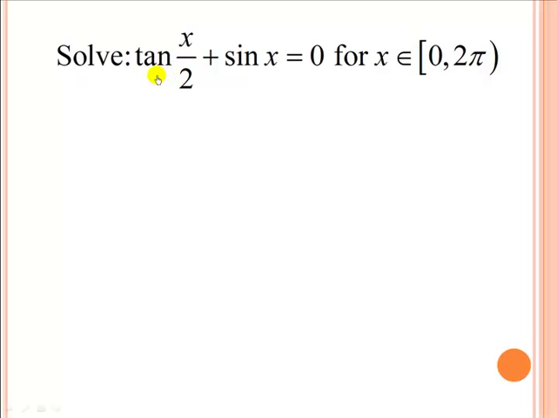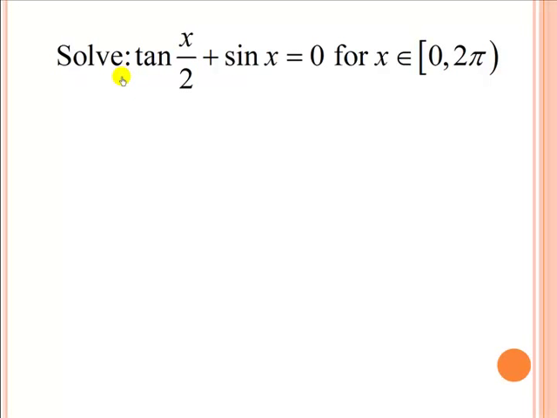As you can see here, the tangent function has a half angle as its argument, x over 2. We know that we'd like to make all the trig functions the same, either all sines or all tangents, etc. We also want to get rid of any half angles, or make sure all the angles are the same.